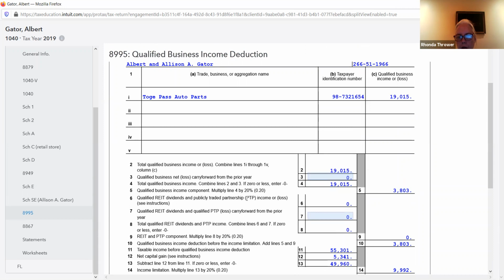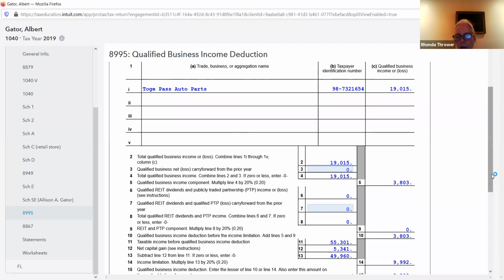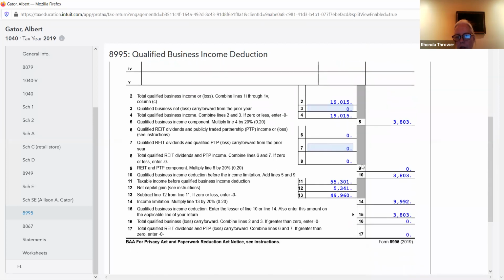And when you fill out this form, here's where you get the 3803, which is line 4 multiplied by 20%. So 19,015 times 20% gives you this. You didn't have any of these things that happened, so they just brought this down. And then the taxable income before the qualified business income deduction was 55,301.